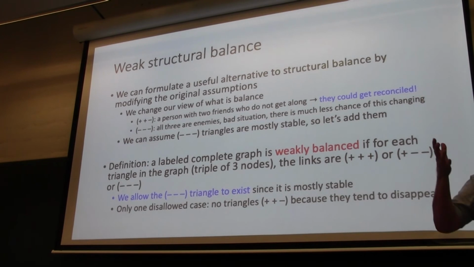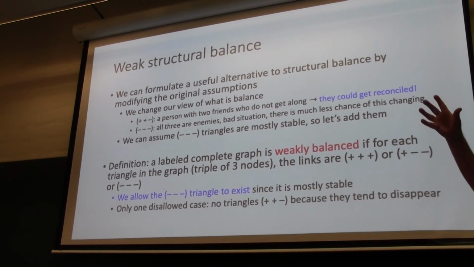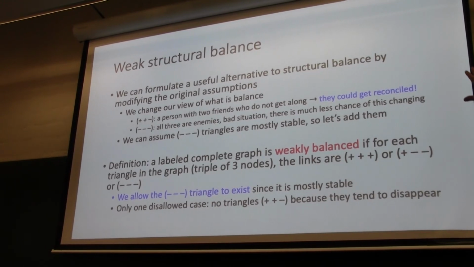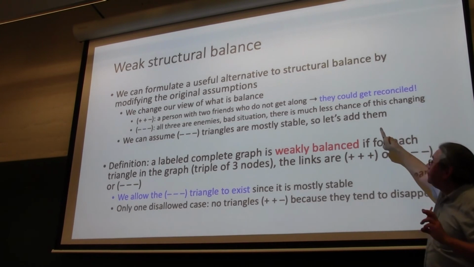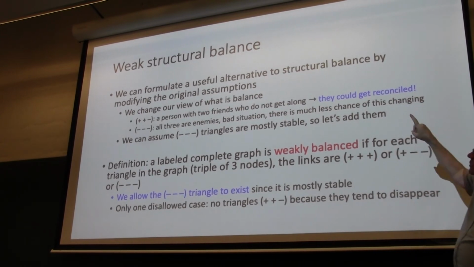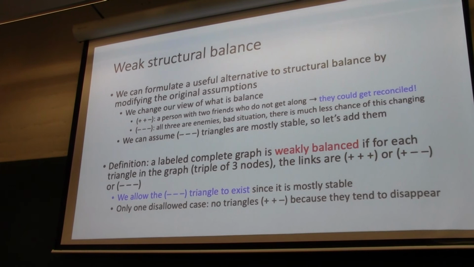Well, we can actually change the definition a little bit. Notice that we're very free to make definitions. We can make an alternative by changing what we think is balance. So remember, we have these two other triangles: plus, plus, minus, and minus, minus, minus.